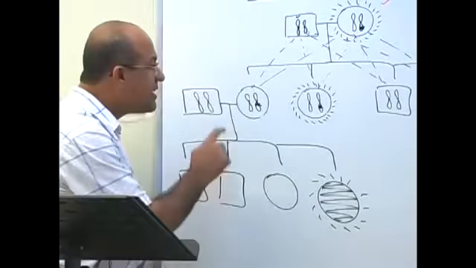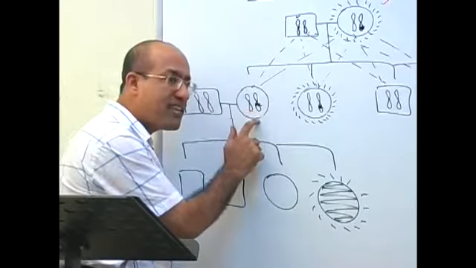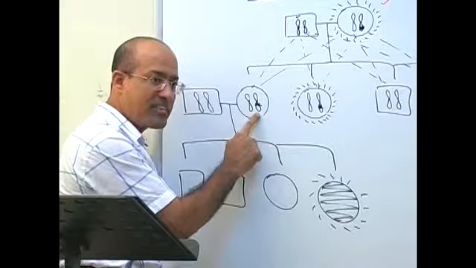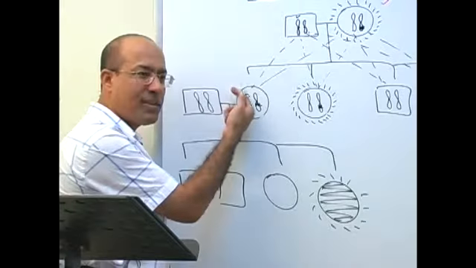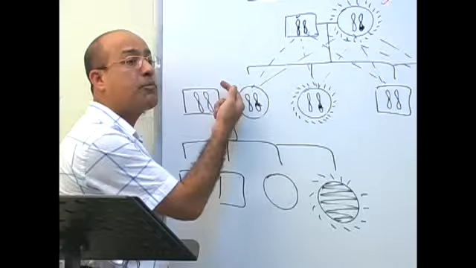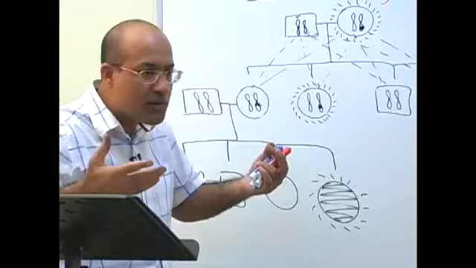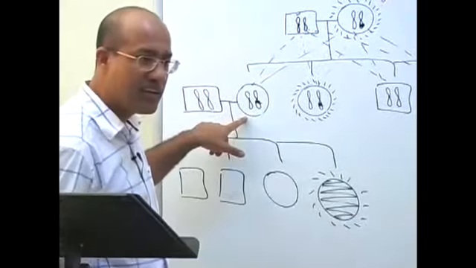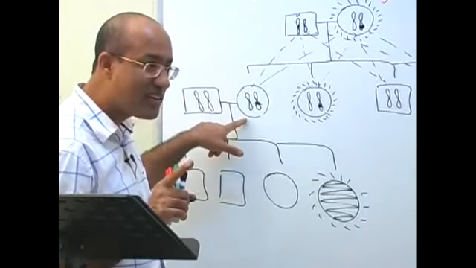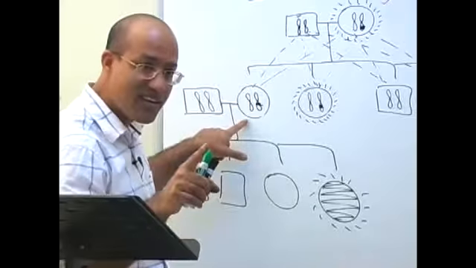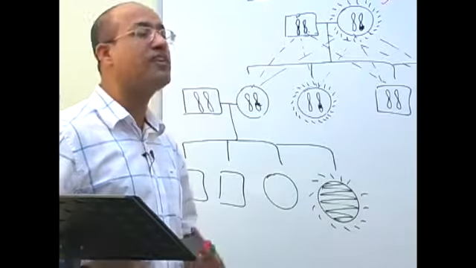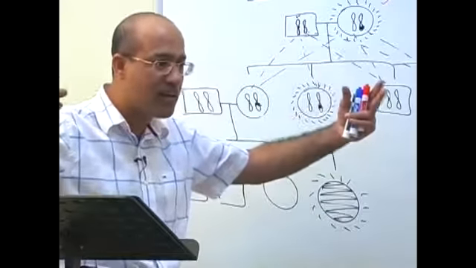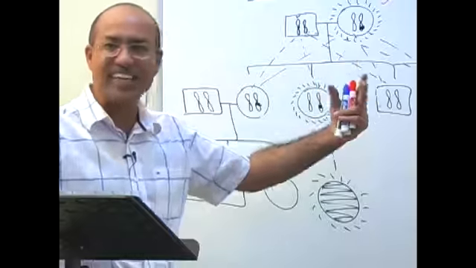We say here the disease was present at the level of genetic material, but it could not penetrate up to the level of observable physical manifestation. For this person, we'll say she was having the disease at the genomic level, but the disease could not penetrate and express itself in observable characteristics.